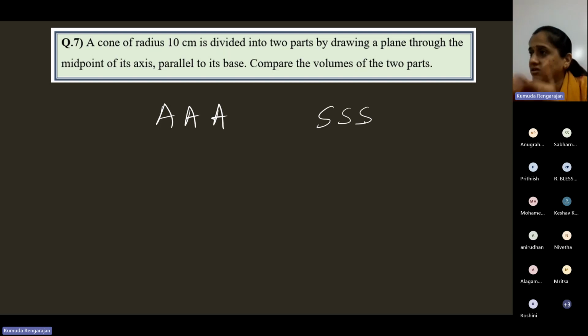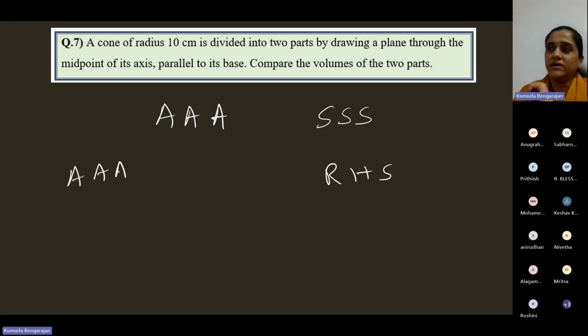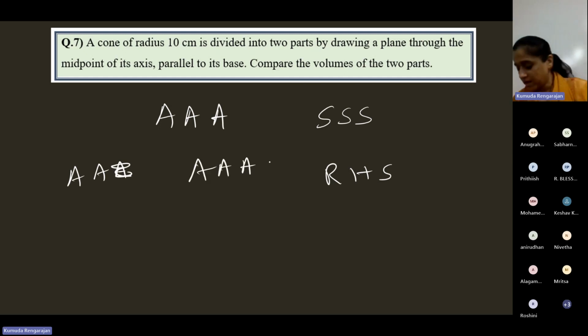To show that the two triangles are congruent. Why do you use the RHS rule? To show that the two triangles are congruent. In the same way, we have the AA, or if you write 3, AAA, similarity criterion. Using this, you can show that two triangles are similar.